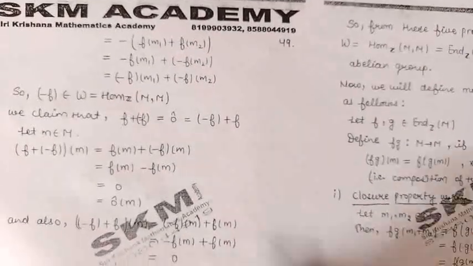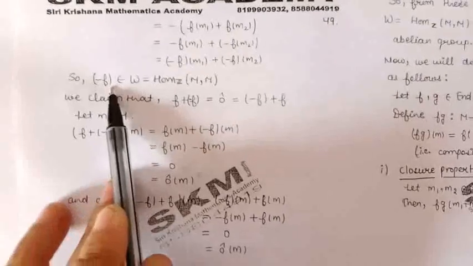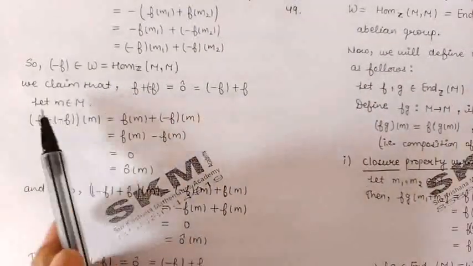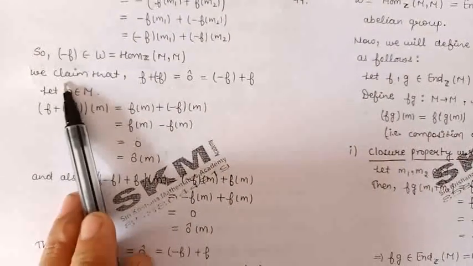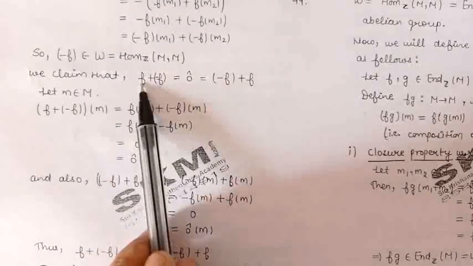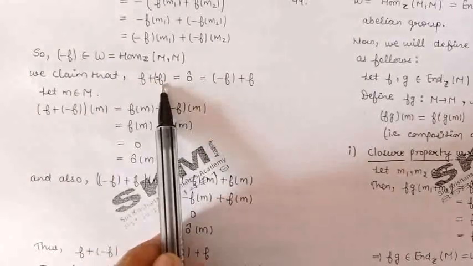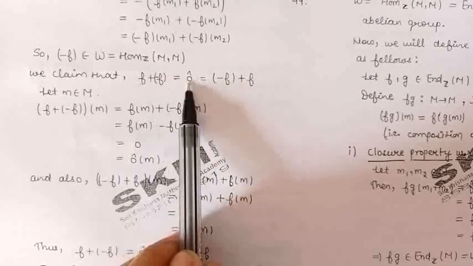So we can say that this mapping minus F belongs to W.